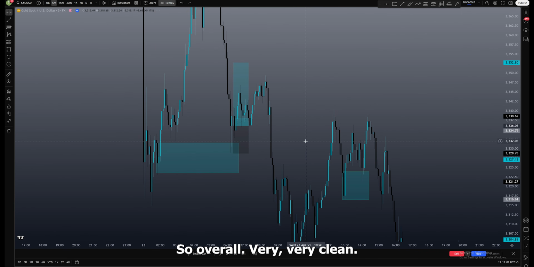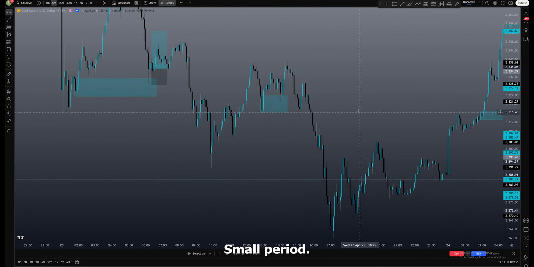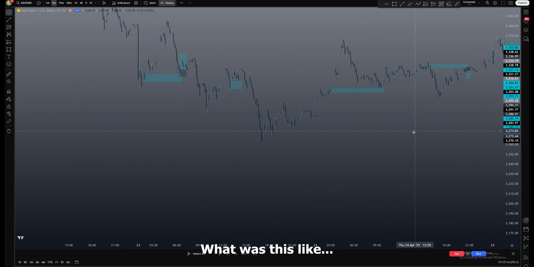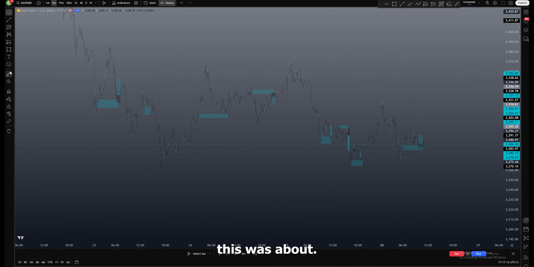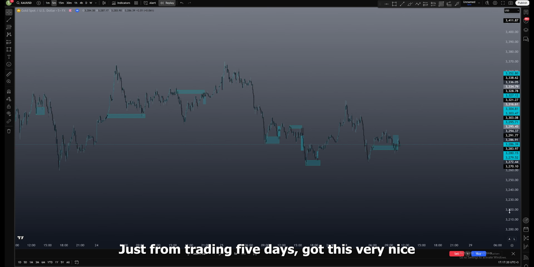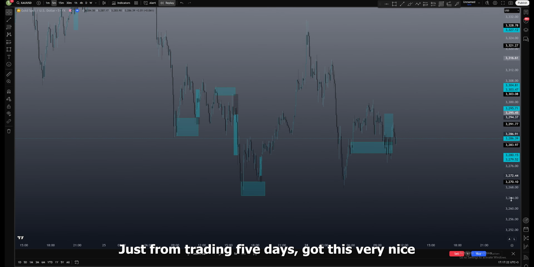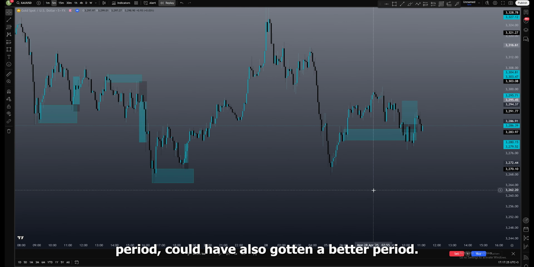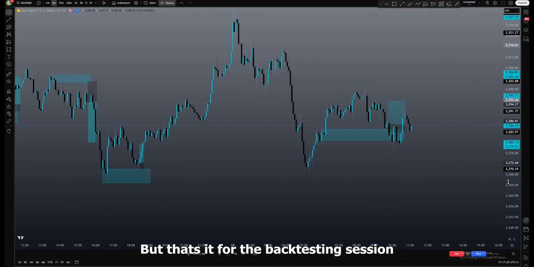So overall, very, very clean. Small period. What was this like? This was about 5 days, just from trading 5 days. Got this very nice period. Could have also gotten a better period, but that's it for the backtesting session.